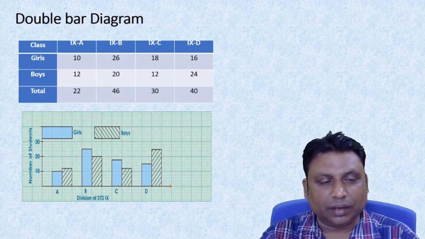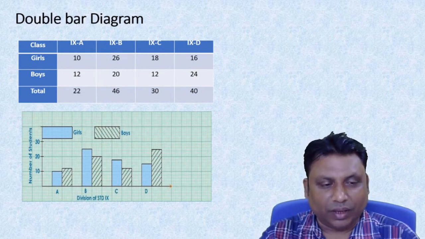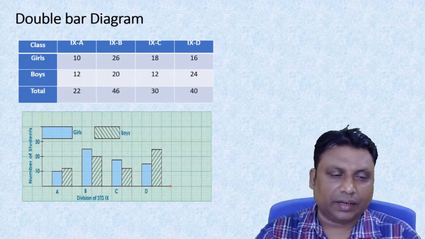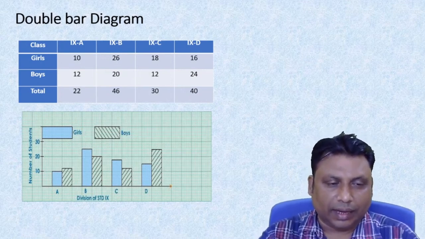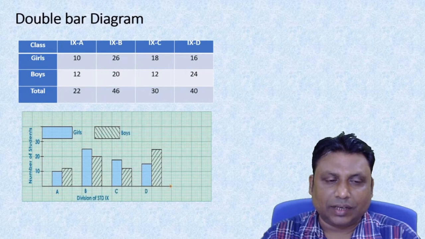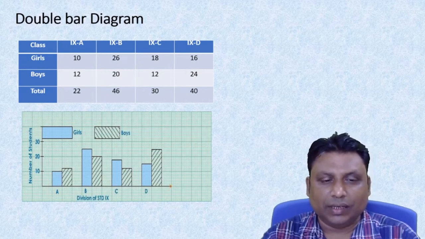One is a sky color bar, and the other is a scratch or angle line bar. So A is 10 and B is 12 in section A. In section B, similarly, we put 26 and 20. In section C we put the next values, and in section D we put 16 and 24.